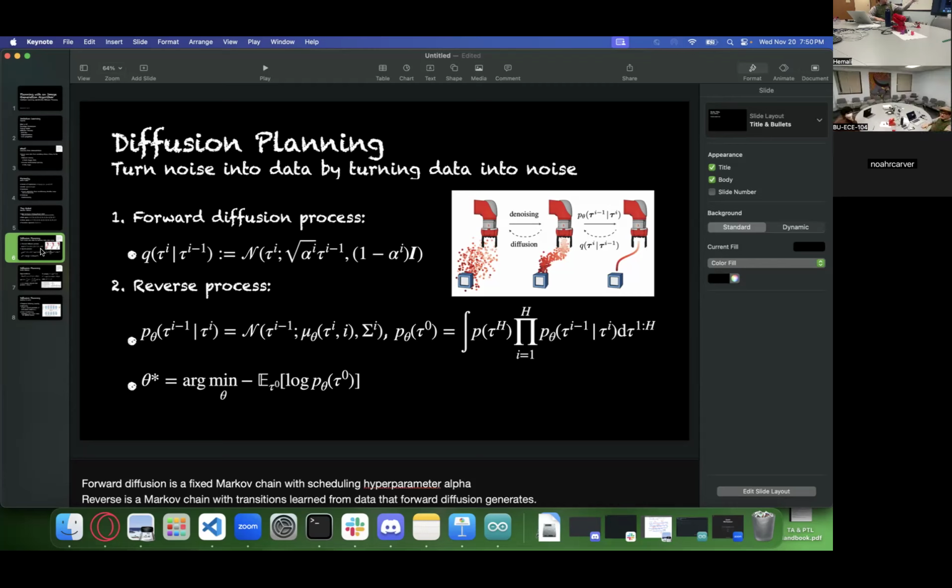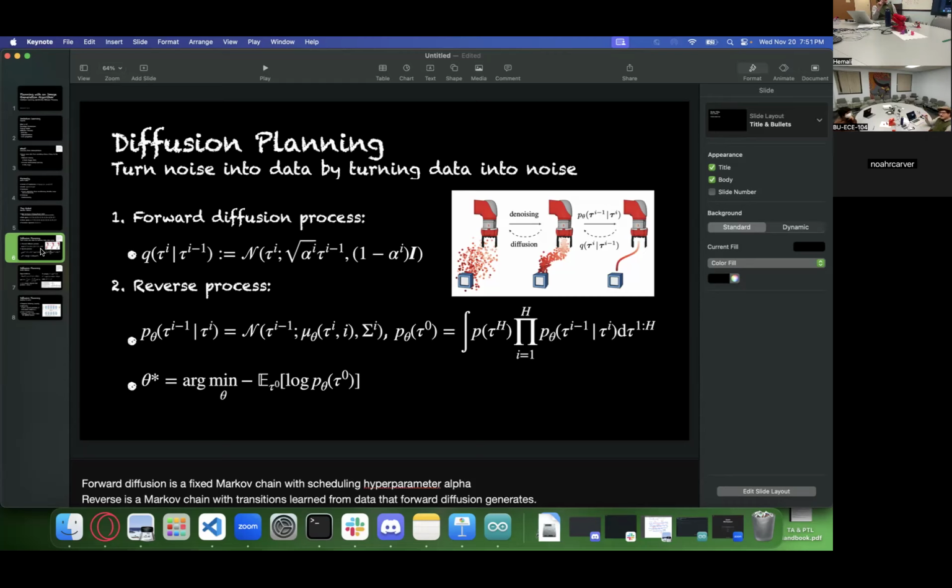And this is just a Gaussian where we're going to add a bit of noise based off of our scheduling variable, which one could think of an example of this just being completely linear as 1 minus i over the diffusion horizon, or like we're going to slowly decrease from 100% data to 0% data, 100% noise.